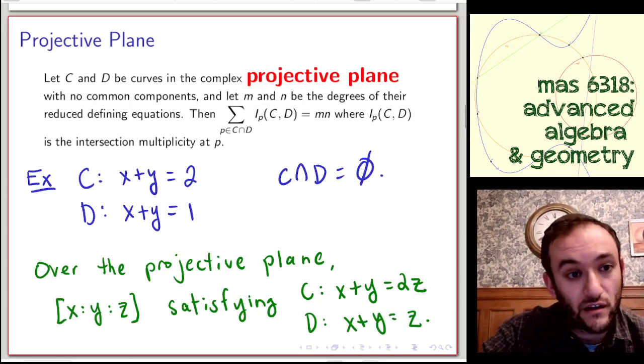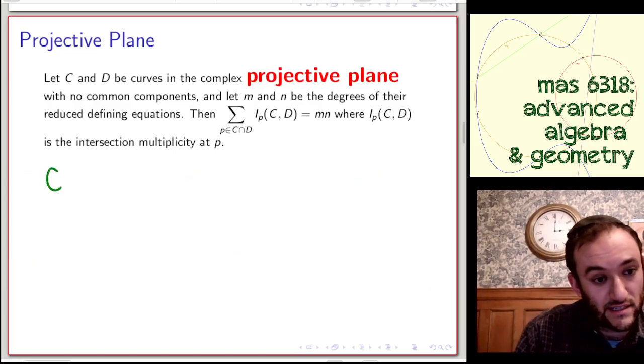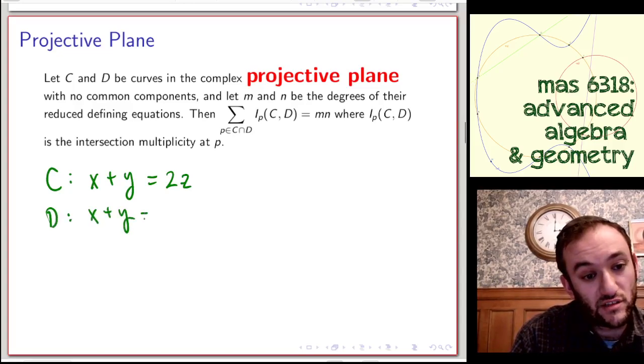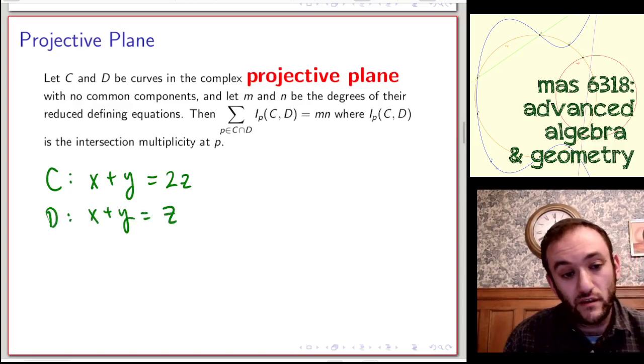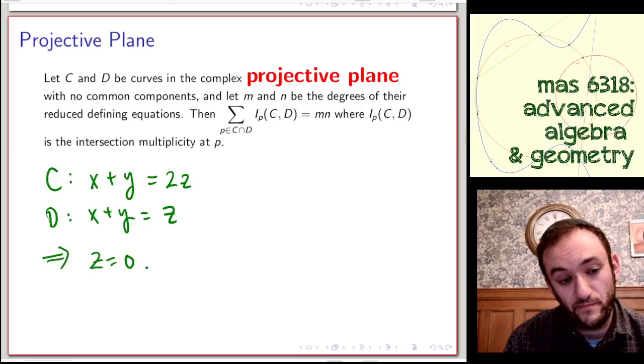Okay, and here we can find a point in common. So all you need to do is subtract the two equations to find z equals 0.